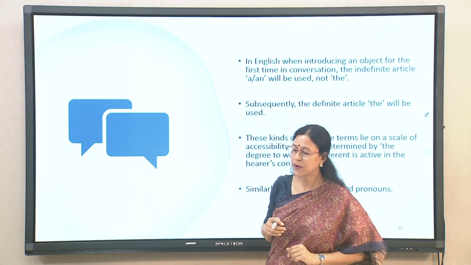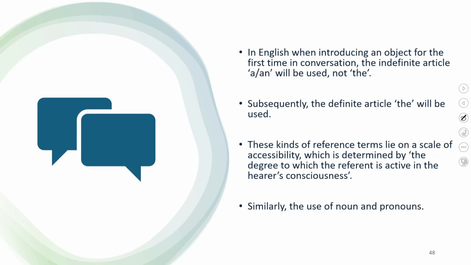So, these kinds of reference terms lie on a scale of accessibility, this is the technical term. So, how accessible the term is in your mind, which is determined by the degree to which the referent is active in the hearer's consciousness. Similarly, the use of nouns and pronouns.